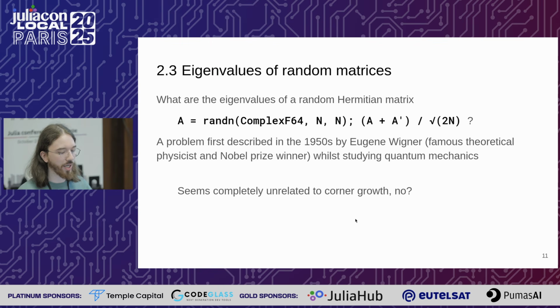And we look at the eigenvalues of this random Hermitian matrix. This is a problem that was first described by Eugene Wigner, who was a really famous physicist and a Nobel Prize winner. And he was actually studying quantum mechanics when he encountered this problem. So at first, you would ask, what does this have to do with corner growth at all?